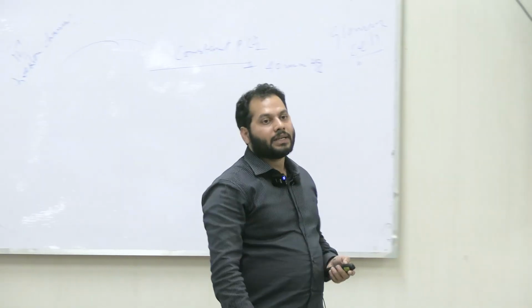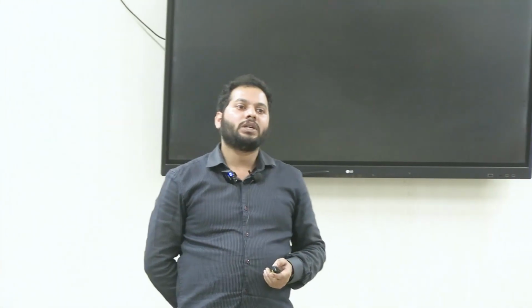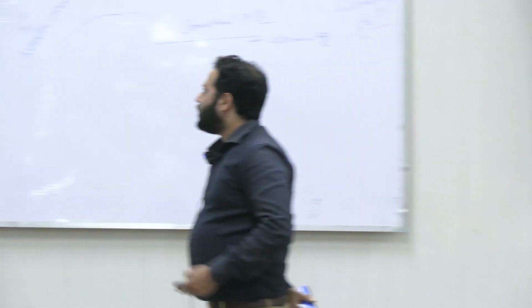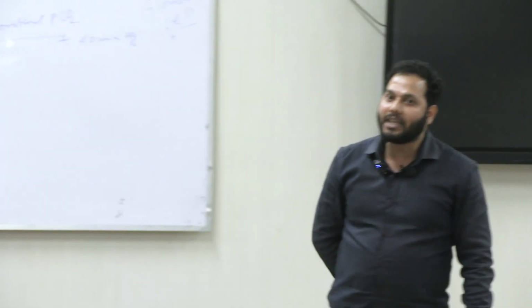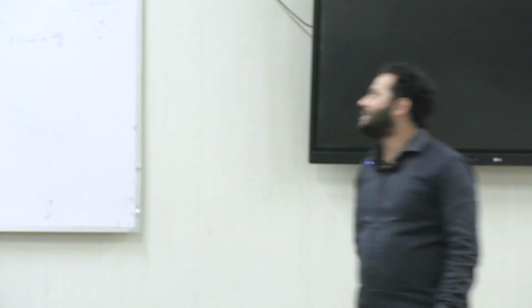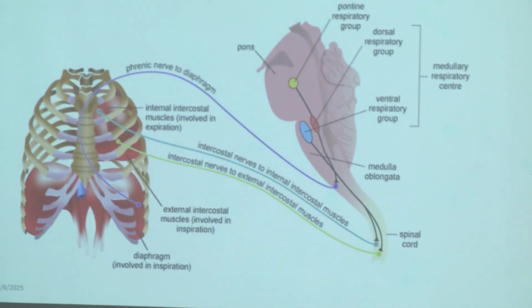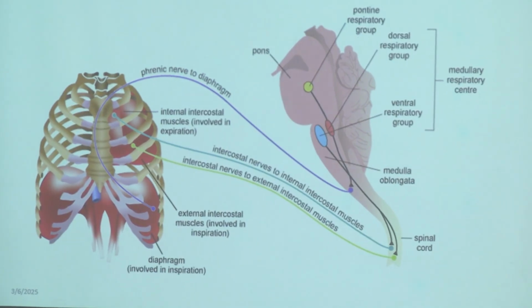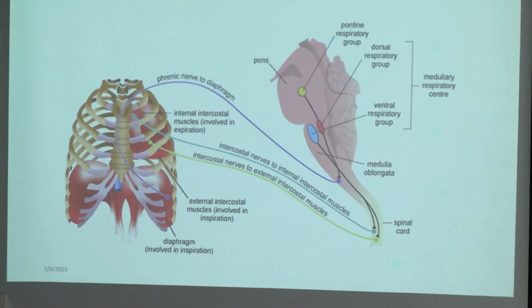As I mentioned, the central chemoreceptors involve the central nervous system. It means the receptors are basically present in the CNS. So you can see from here, the central chemoreceptors are basically present in the medulla oblongata or in the region of VRG, that is ventral respiratory group.